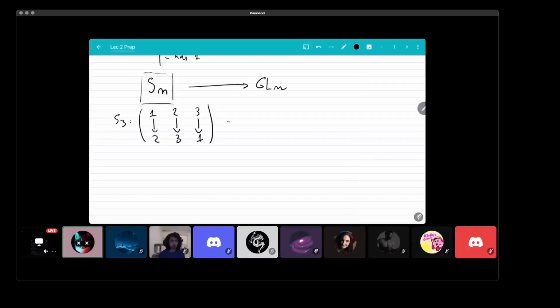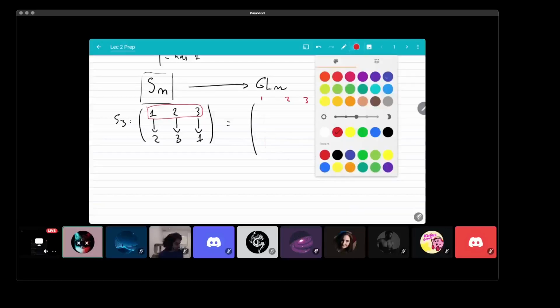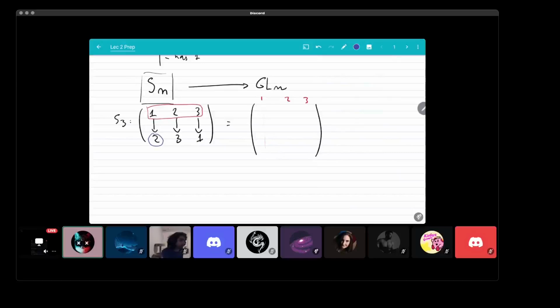as a matrix by indexing the columns as the original set. So this will index the columns, and for each column the number that it gets mapped to is the index of the line in which we're going to place 1.